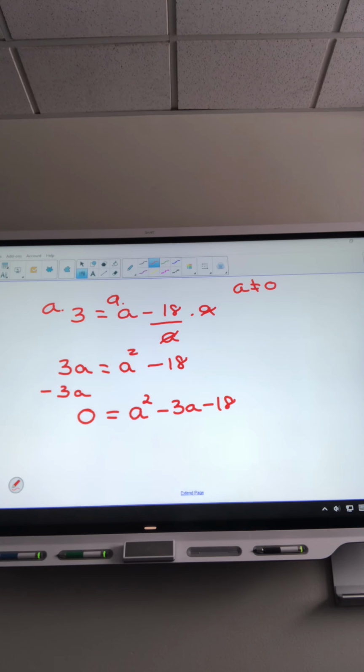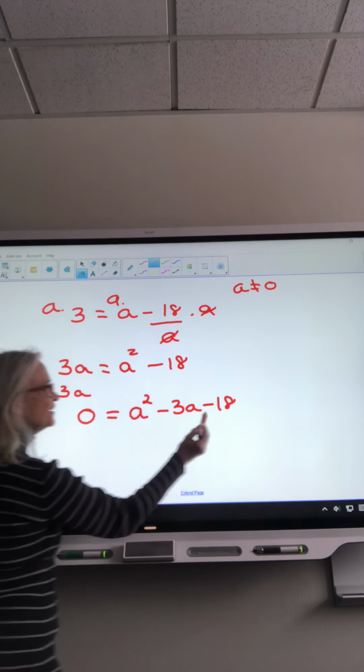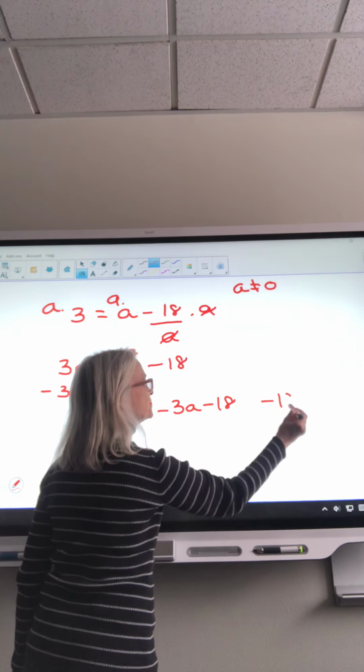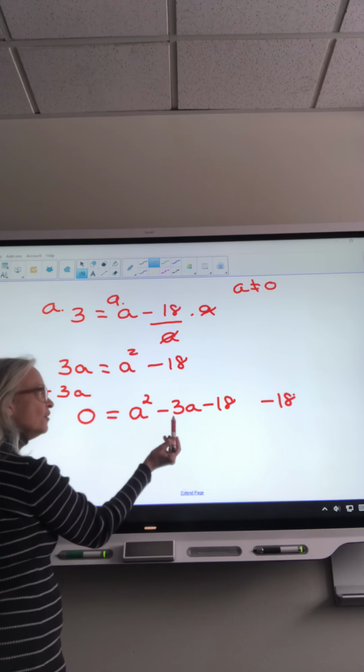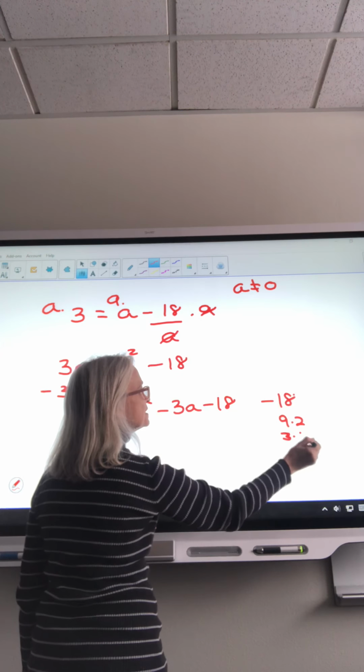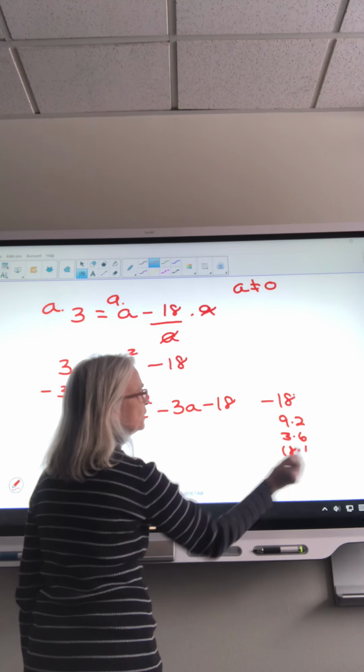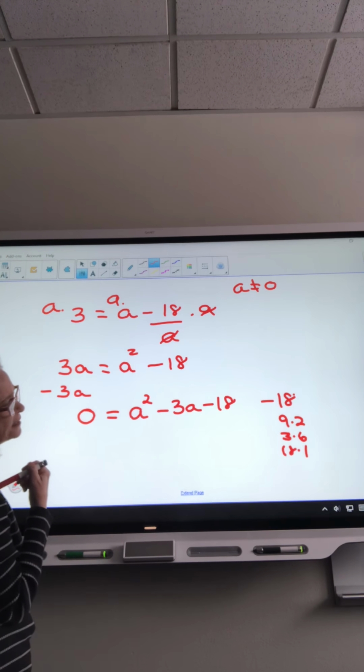And this is kind of the factoring that almost everybody likes to do because we don't have to do the multiplication part. We just have to figure out 2 numbers that give us a product of a negative 18 that also have a sum of a negative 3. So 9 times 2, 3 times 6, 18 times 1. Those would be our choices.